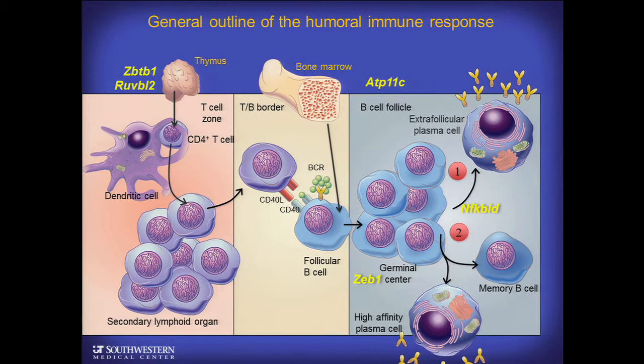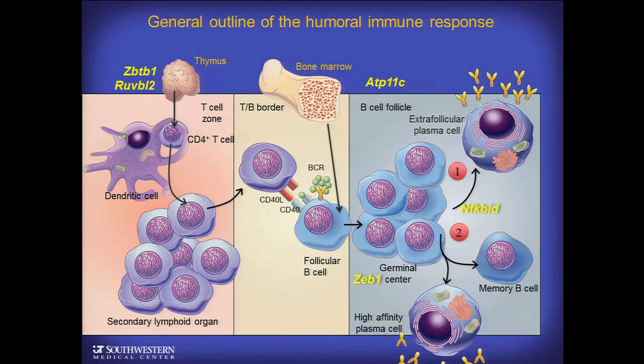But just to take a few examples, we know of a new transcription factor called ZBTB1 that's absolutely necessary for thymocytes to develop, or for all lymphoid cells to develop under certain conditions. We know that RUVBL2 is partially required for lymphoid development of both T and B cells. We know that ZEB1 is needed somehow for affinity maturation.